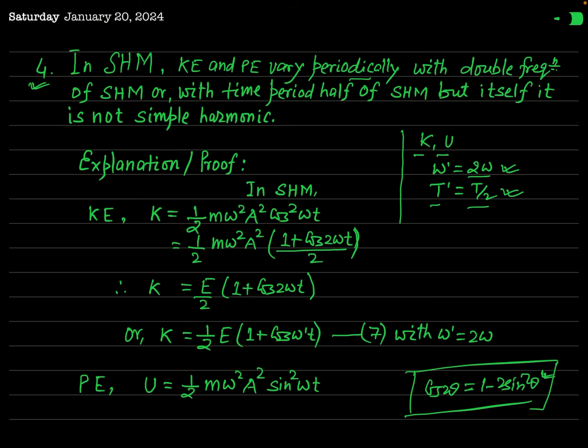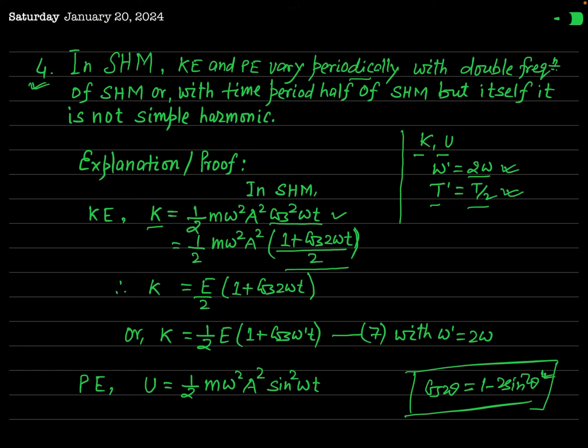For this, let us see the expression for the kinetic energy of the oscillator as a function of time. You have seen that K is equal to half m omega square a square cos square omega t. Now, instead of cos square omega t, you can write (1 plus cos 2 omega t) divided by 2. You have definitely studied this in your course on trigonometry.